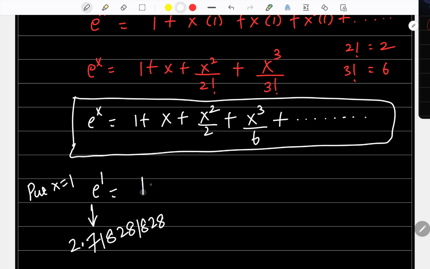Let me start here. 1 plus x, where x is equal to 1, is 1 plus 1 plus 1 divided by 2 plus 1 divided by 6. It keeps going, but I'm stopping.